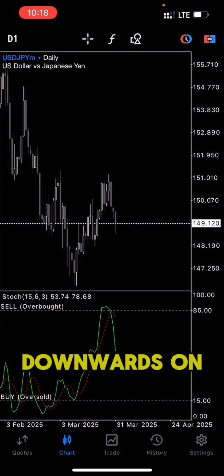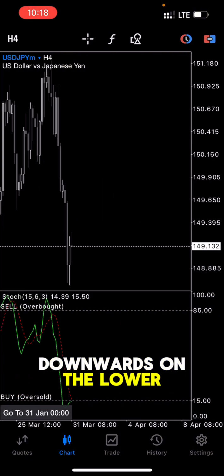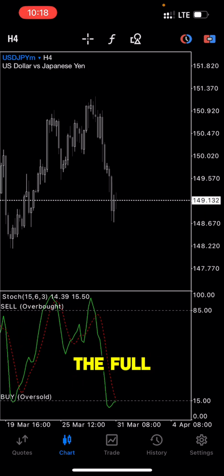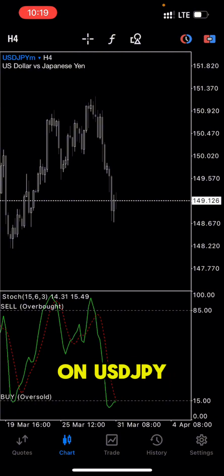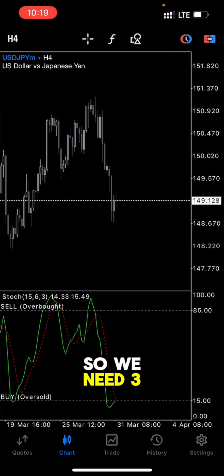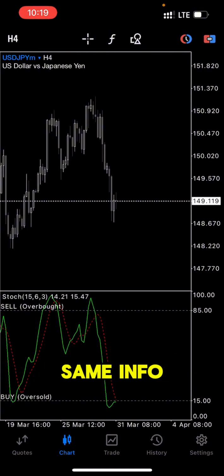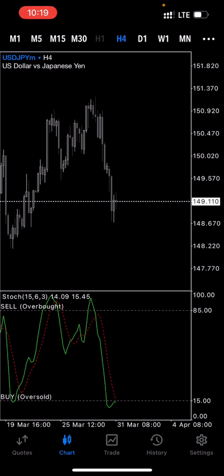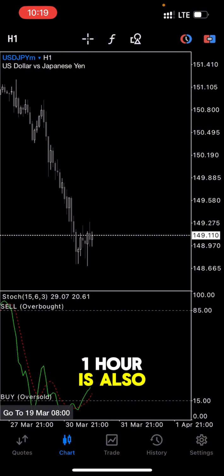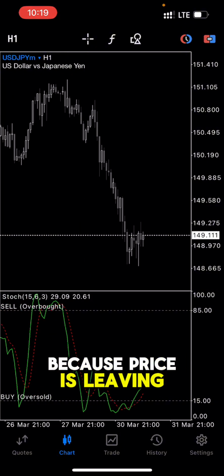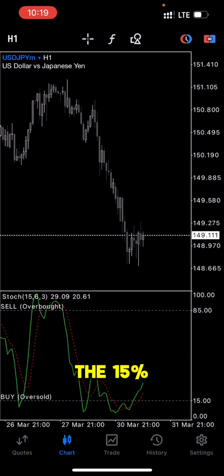But if we move downwards on the lower time frame, you'll see that on the 4-hour, it tells us that this is a perfect place to enter buys on USD JPY. So we need 3 time frames confirming the same info. So I have 4-hour is okay to buy. 1 hour is also okay to buy because price is leaving the 15%.